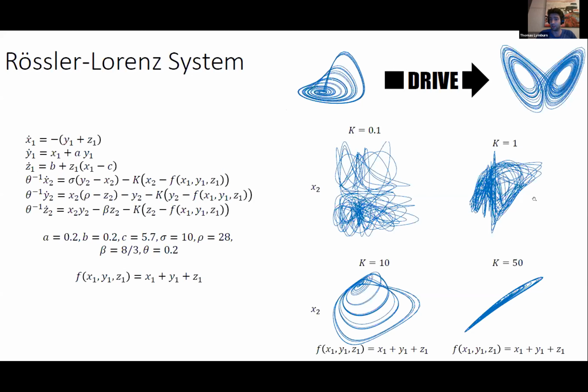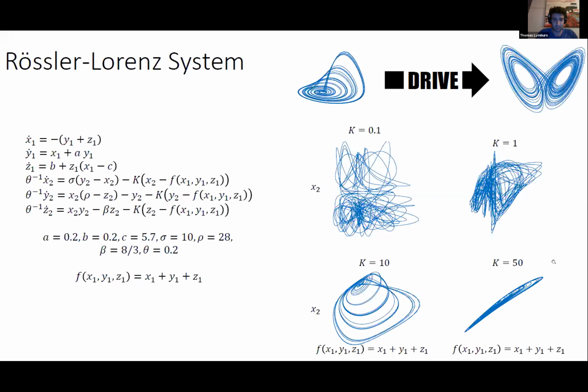It's not very obvious necessarily that there is a functional dependence there. At k equals 10, we also have weak GS, but we have a much simpler function here. And at k equals 50, this is where we're really starting to turn the coupling strength up quite strong, and the coupling terms start to dominate, and we're getting closer and closer to essentially complete synchronization.